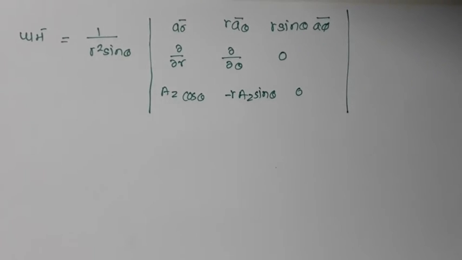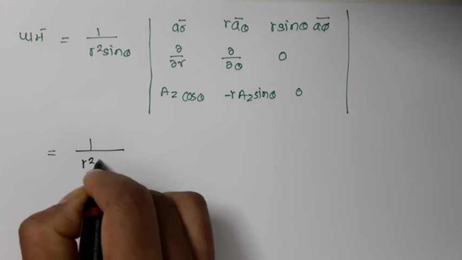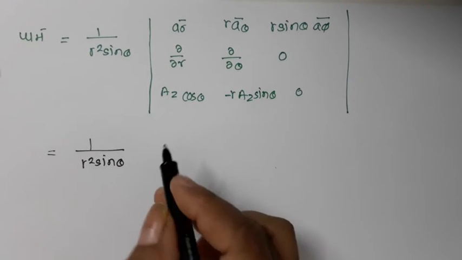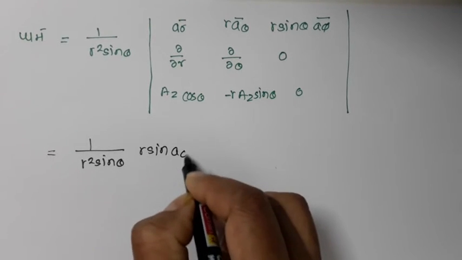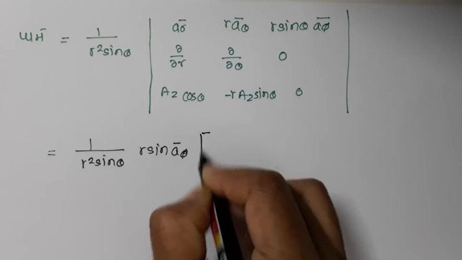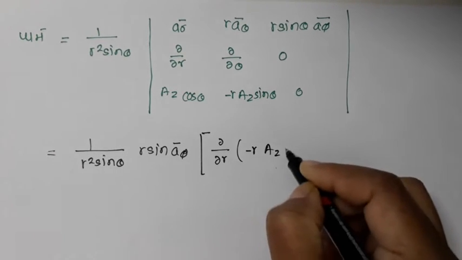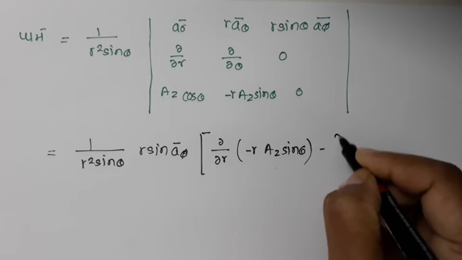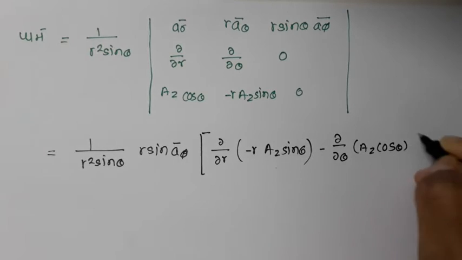So this is nothing but mu H bar. Now I'm going to resolve this in the r, theta and phi directions for this H component. So 1 upon r, first solve this one, and then we will resolve sine theta. Here I can write r sine theta A phi, d by dr of minus r AZ sine theta, minus d by d theta of AZ cos theta.